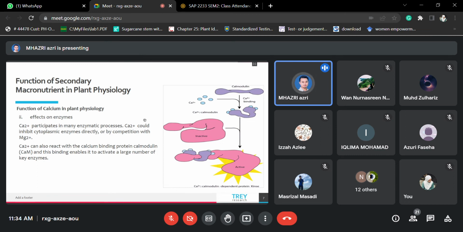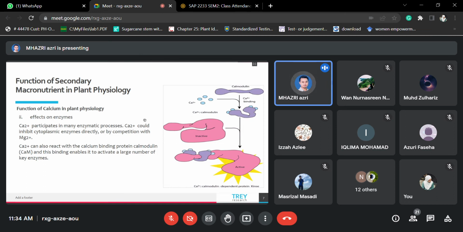Apart from that, calcium also can become an enzyme activator, so that the enzyme can catalyze certain metabolic processes. How? There are two ways.